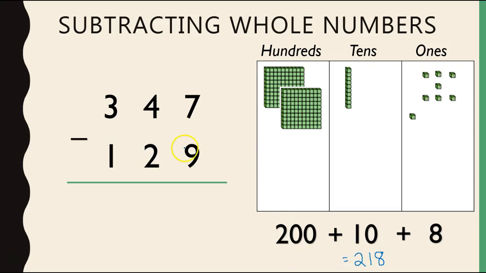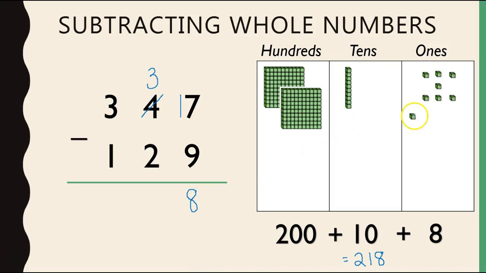So let's take a look at what that would look like to do it manually. 7 minus 9, I can't do that. So I'm going to need to borrow. So I'm going to take one of these tens blocks. Remember when we did that over there? I'm going to give it to this guy. Now we have 17 ones blocks. 17 minus 9 is 8.